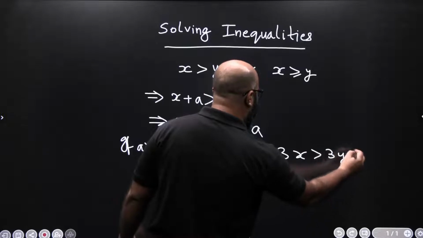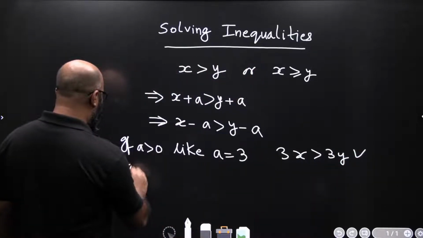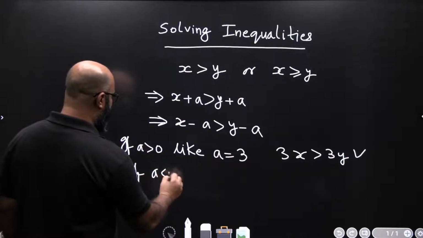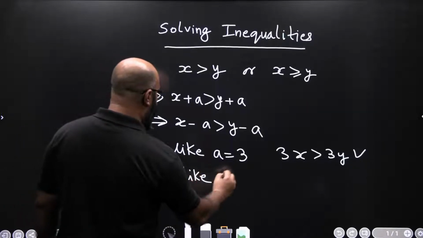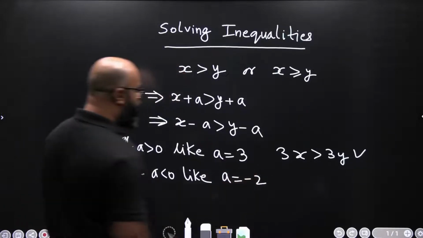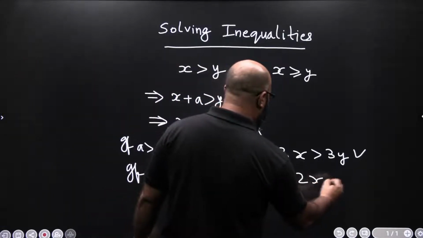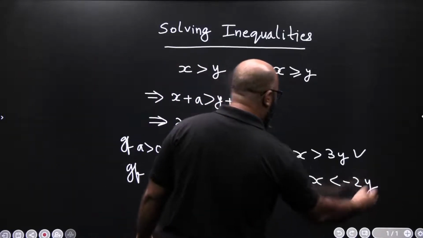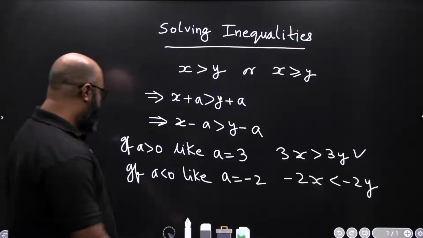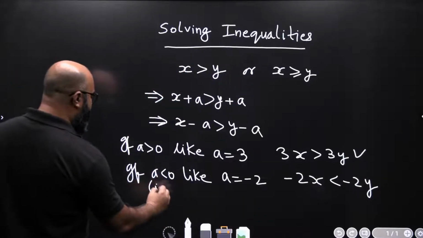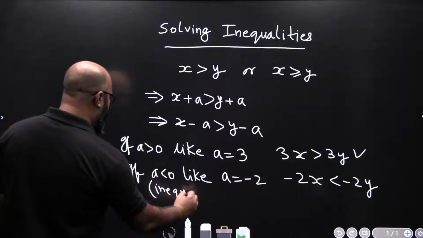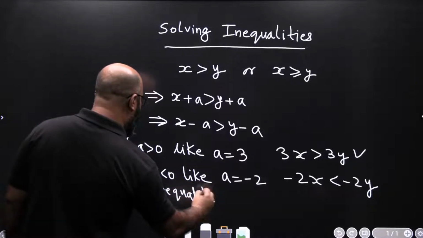So we can say like this. But if a is less than 0, like we have a equal to minus 2, in that case what will happen? Minus 2x will be less than minus 2y. So the inequality will reverse. So if a is less than 0, the inequality reverses on multiplication, and if a is greater than 0, the inequality remains the same.